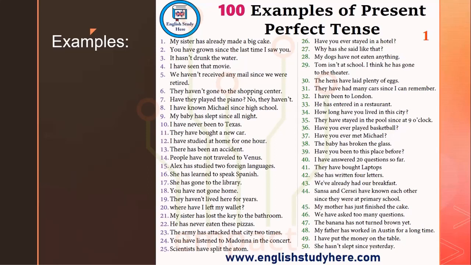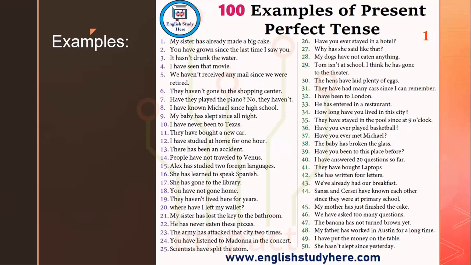21. My sister has lost the key to the bathroom. Do you know what that sentence means? Yes, it means my sister lost the bathroom key. Thank you. Can you make it negative? My sister has not lost the key to the bathroom.